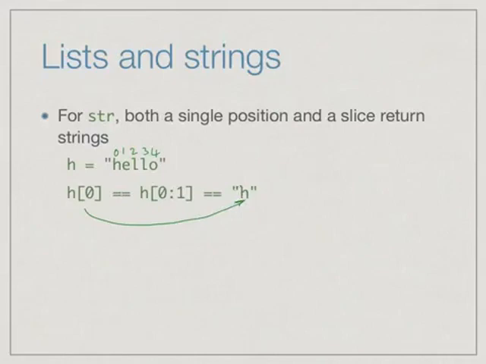But the letter h in Python is indistinguishable from the string h. Similarly, if we ask for the subsequence from 0 to 1 but not including 1, then again we get the string h. So in one case, it's as though we constructed a substring of length 1. In one case, we got a single character, but Python does not distinguish. So h of 0 is actually equal to, as a value, the slice h 0 colon 1.